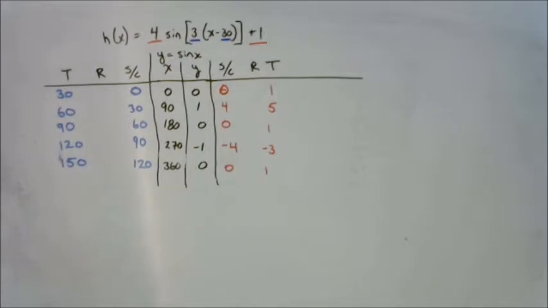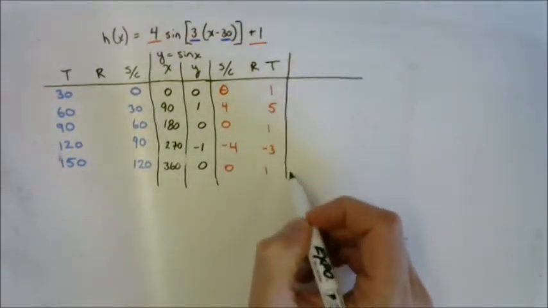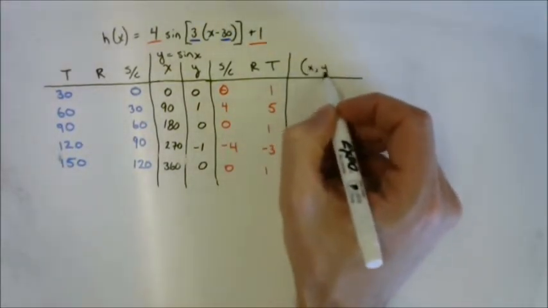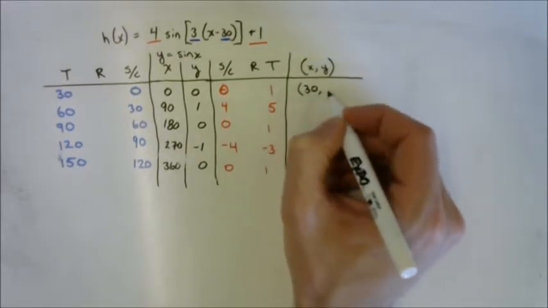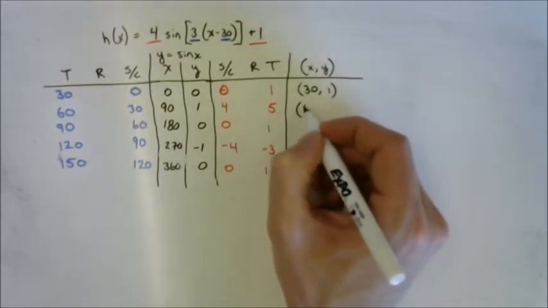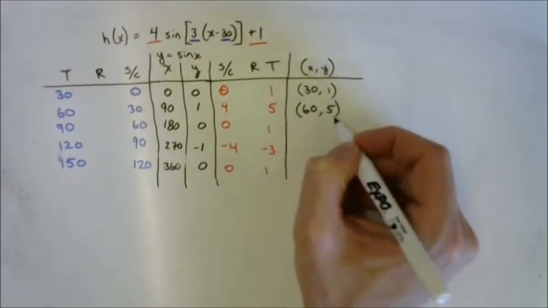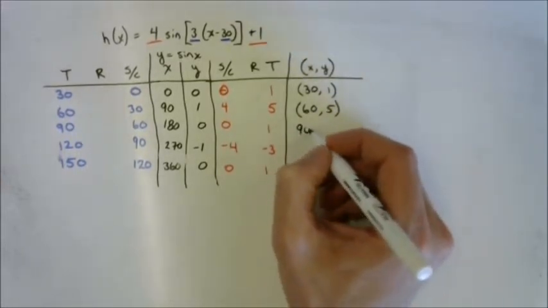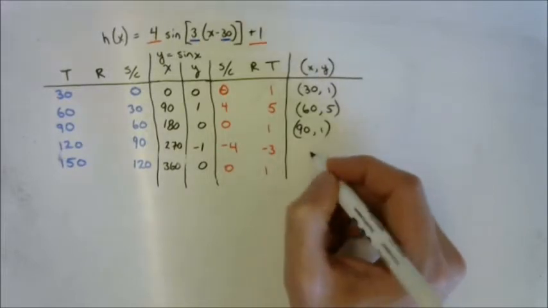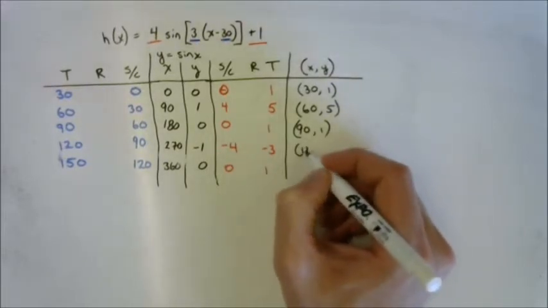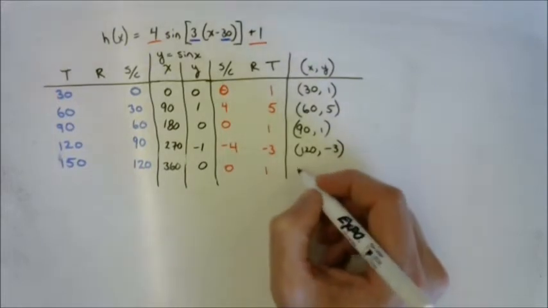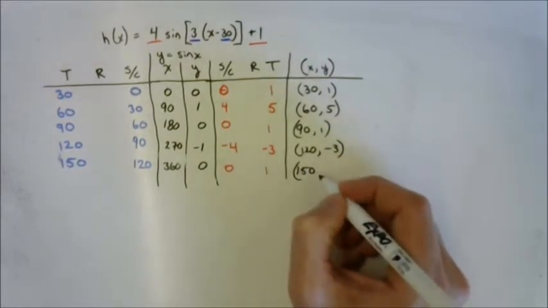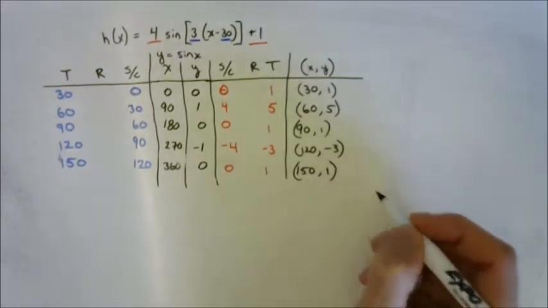Which gives us our new coordinates of 30, 1; 60, 5; 90, 1; 120, -3; and 150, 1.